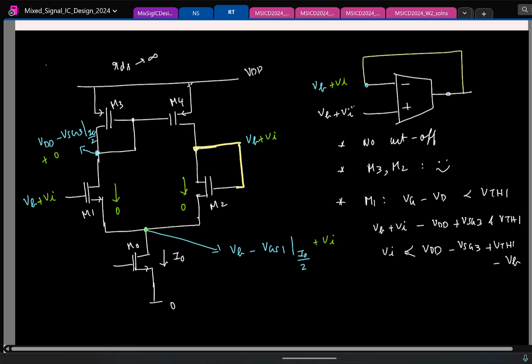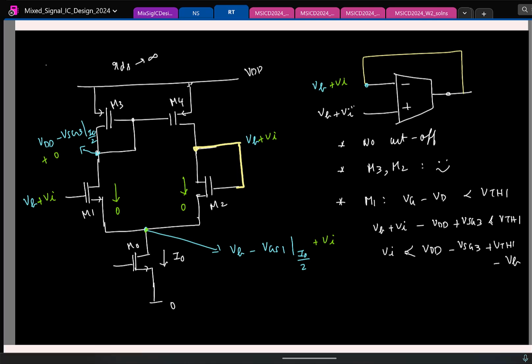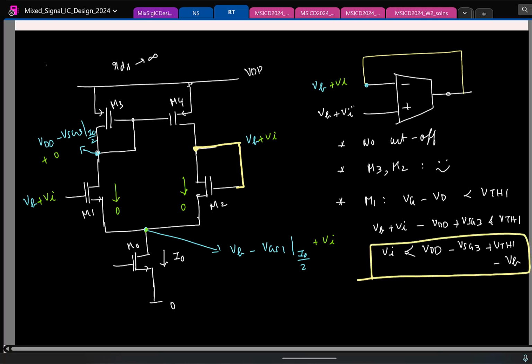So nothing complicated. I know the total gate voltage, total drain voltage. I am just writing the condition for the transistor to remain in saturation. However you remember it, you can do. Right? Drain to source voltage must be greater than VGS minus VTH. That is the final condition. So this is one condition you get, and this is for M1.